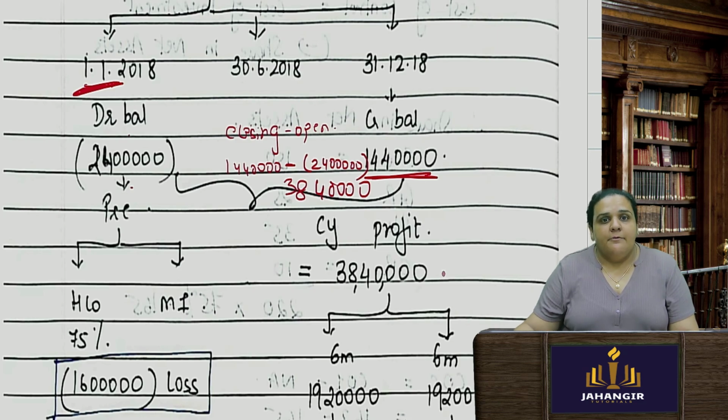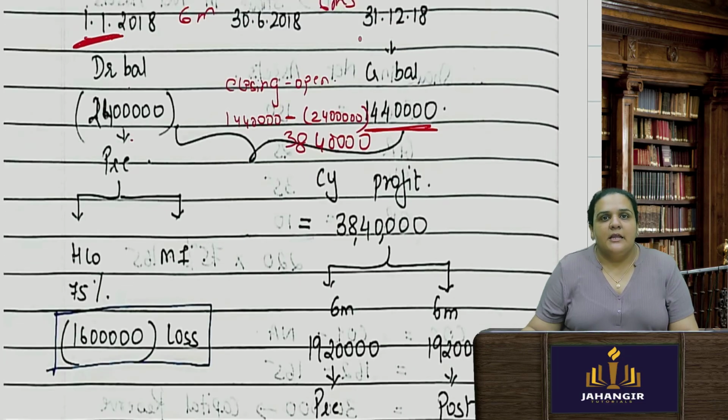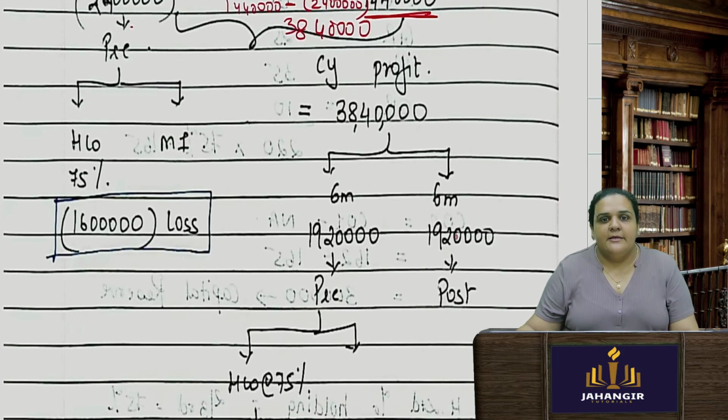This current year profit also has a timeline of 6 months: January to June, then July to December, again 6 months. Therefore, 38,40,000 will be divided in 6 months in a 1:1 ratio, 19,20,000 and 19,20,000. So this is going to be pre.